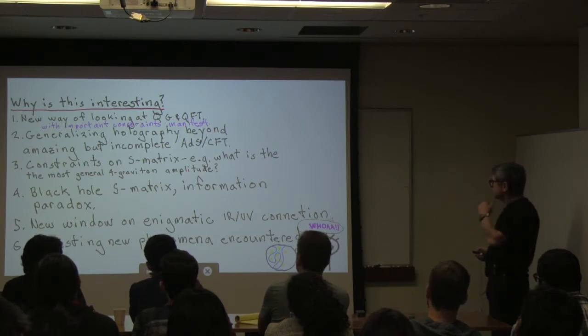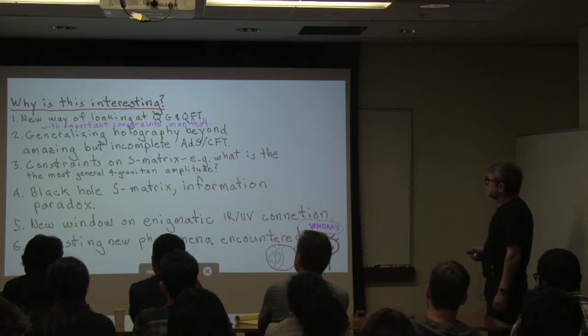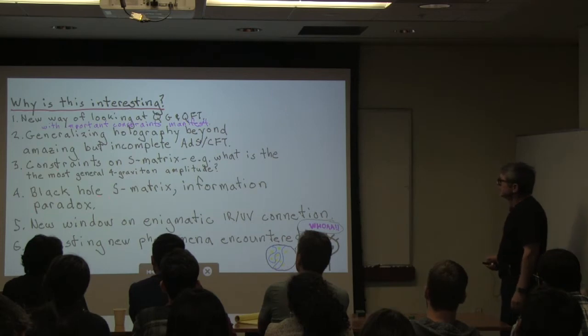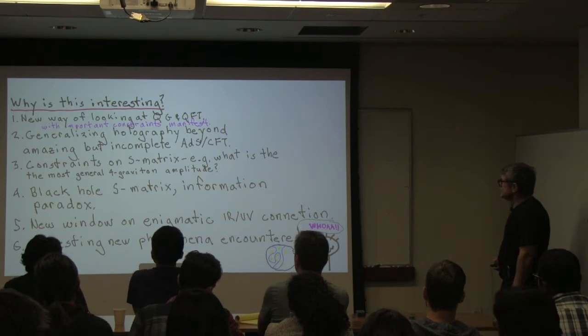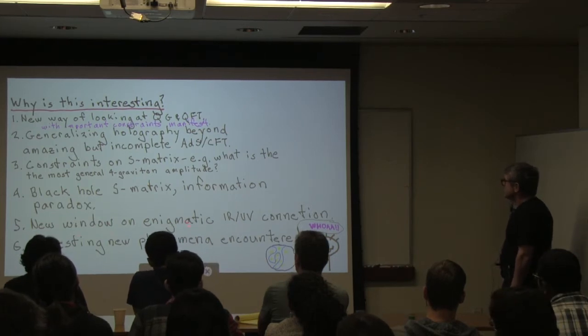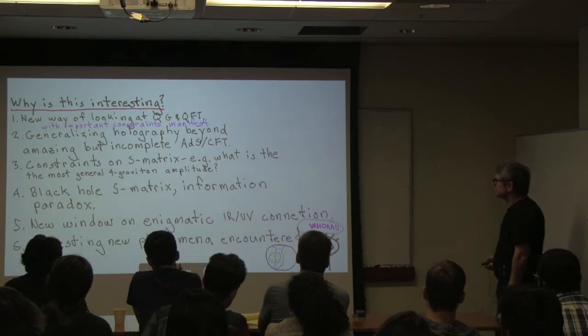I'll say a few words about that at the end. These symmetries also constrain how black holes can form and evaporate, and may therefore be relevant to the information paradox. It's a new window on the enigmatic IR-UV connection.